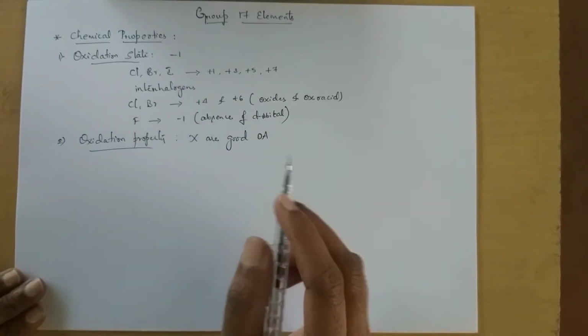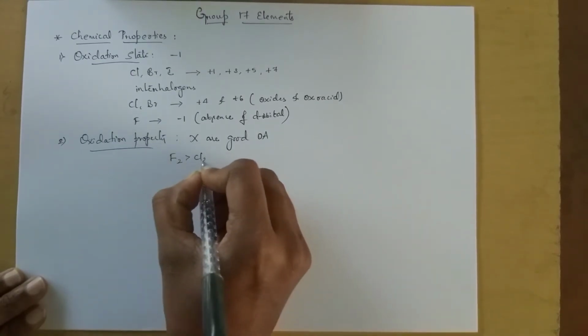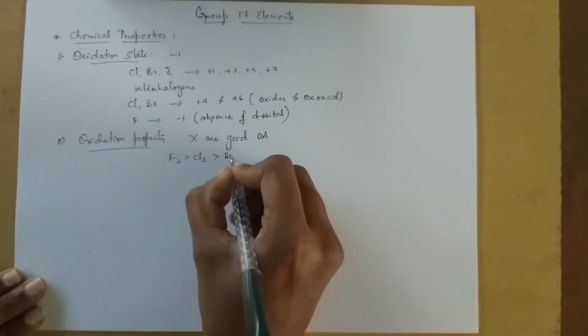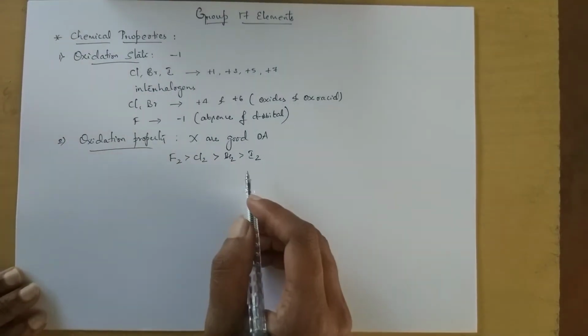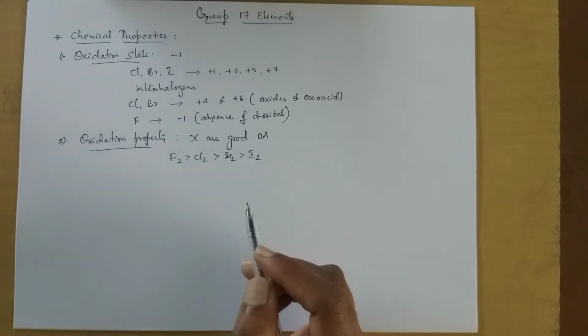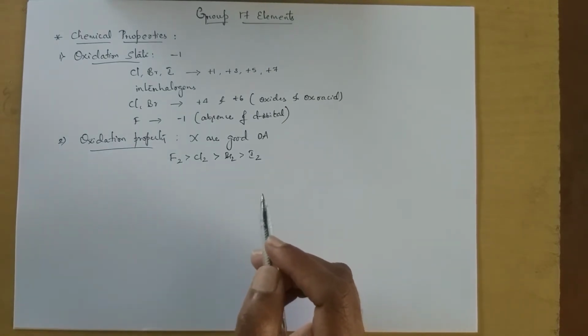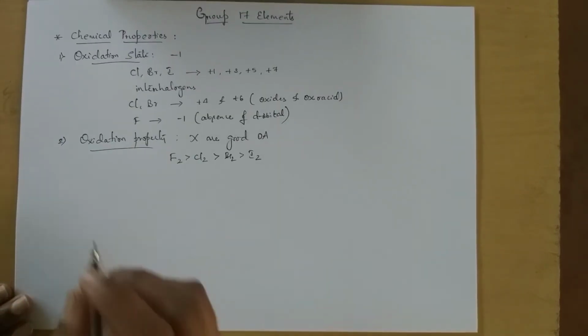The order of this oxidizing property is fluorine greater than chlorine, greater than bromine and iodine. So the order is like this. Commonly these halogens oxidize halide ions of higher atomic number. It undergoes oxidation and forms halide ions.